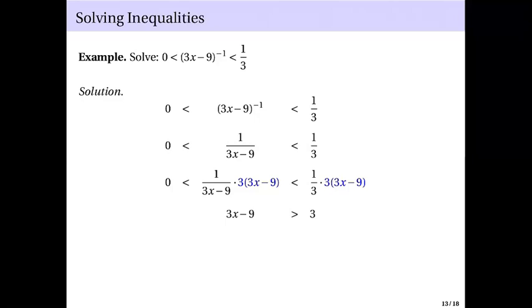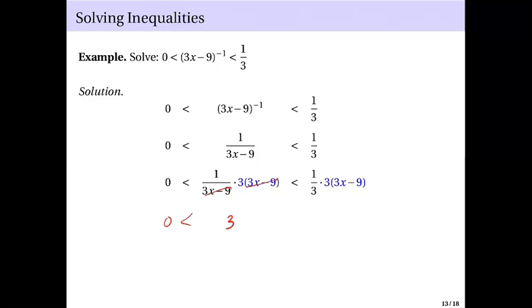Now, how come we have this? Let me go back to the previous slide. If we simplify this, this 3x minus 9 will cancel the 3x minus 9 here. So on this side, we'll just have 3. Of course, 3 is greater than 0. Doesn't matter. We already know that.